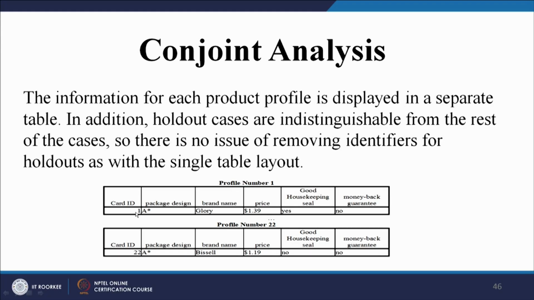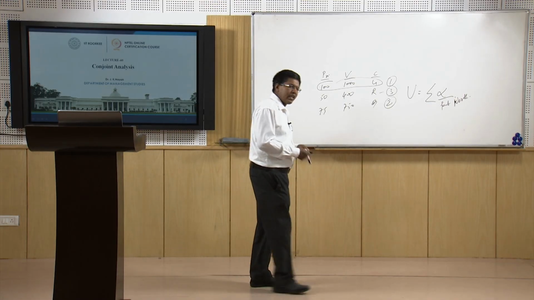Profile number 1, package design is A, Glory brand name, price is 1.39, housekeeping seal he wants it, money back guarantee is not important. Similarly, profile 2, package design A, brand name is Bissell, price is this one, housekeeping seal not required, money back guarantee not required. So, you can do that process for each case, right.